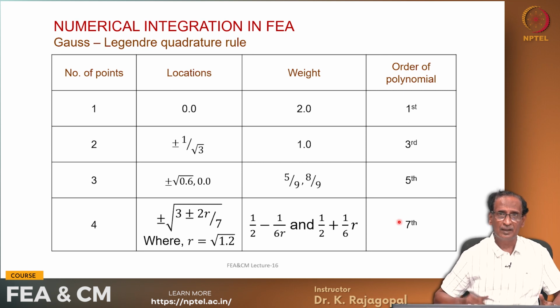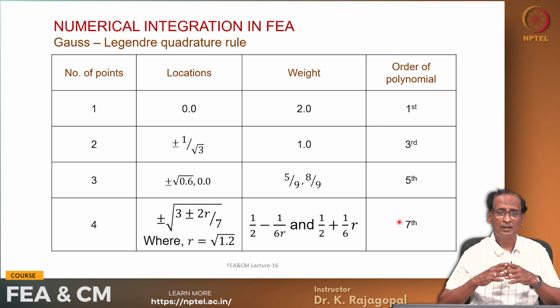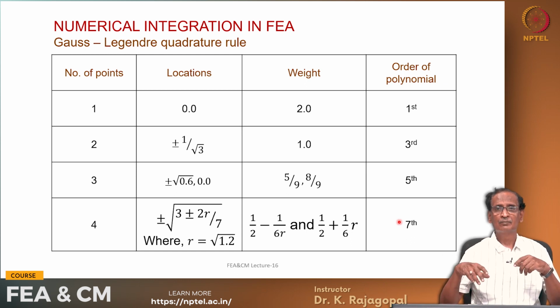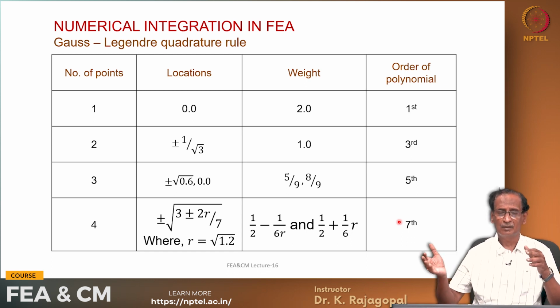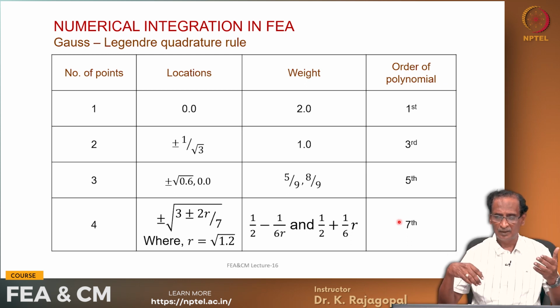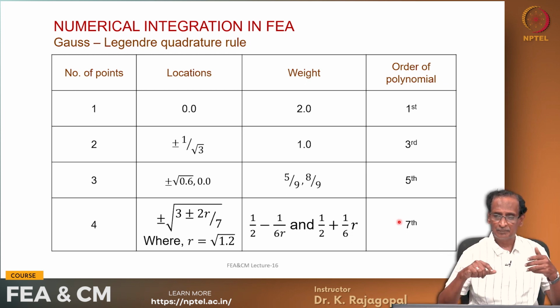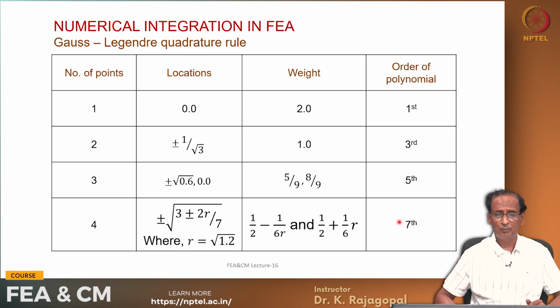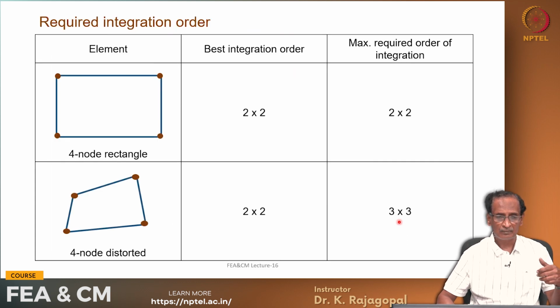And in general, once you have the element and the type of problem, whether it is plane stress, plane strain or axisymmetric, and whether it is a regular shaped rectangular element or a distorted element, we can estimate the order of polynomial that we will have, then accordingly we can choose the order of integration.